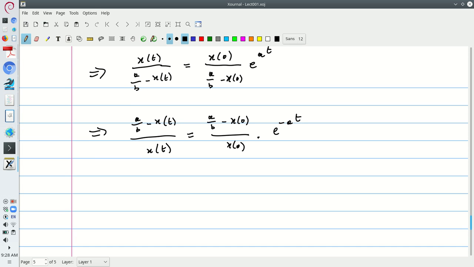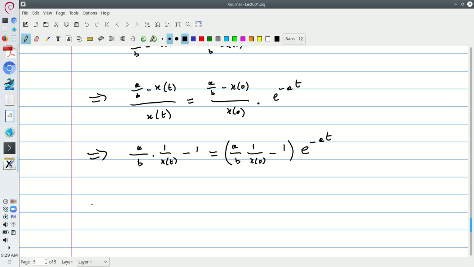Here we are. Now it becomes easy because this becomes a divided by b times 1 over x of t minus 1 equal to a divided by b times 1 divided by x0 minus 1, and all this multiplies exponential of minus at.